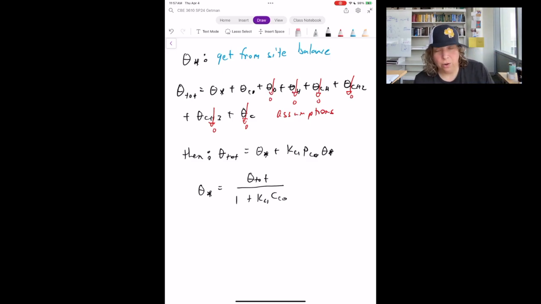The theta tot, again, is either the total fraction of free sites, which if you're doing a fraction, then total fraction is 1 or 100%. If you're doing total number of free sites, that value is usually known. So it's okay to have that quantity in our equation. Okay, so we could just take this expression as is.